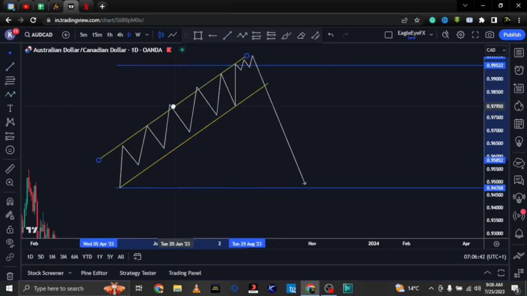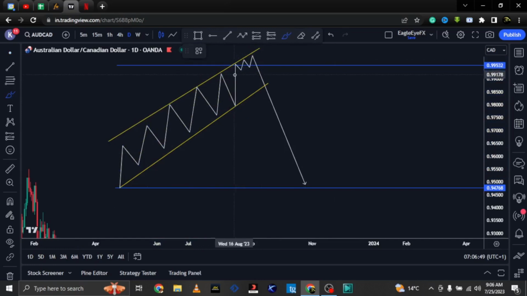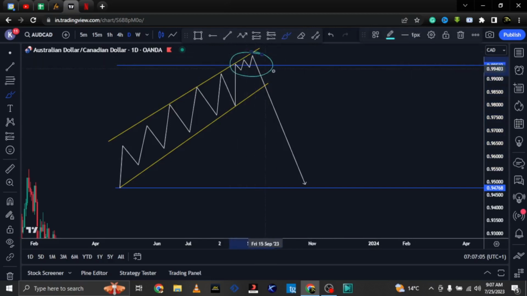Once the market is bullish like this, we want to find this type of structure over here, a reversal pattern, then we know that we are looking for this market to go back or to reverse. This is the first thing I want to show you guys, and we are going to look at so many examples until you are able to master this.